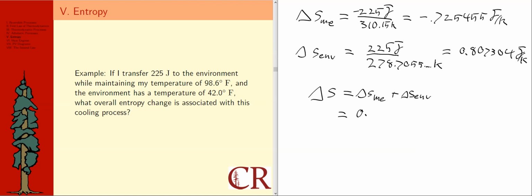And my calculator says 0.08, I guess based on the information given to me, maybe I should round about there. It's 818, 48181 is what my calculator said. And that should be in joules per Kelvin, since that's what the two terms I added are in.